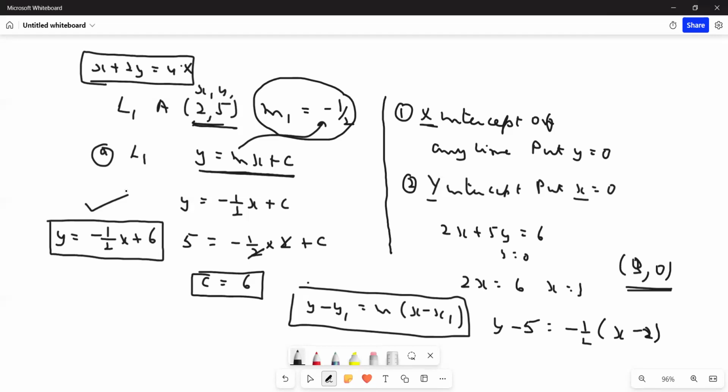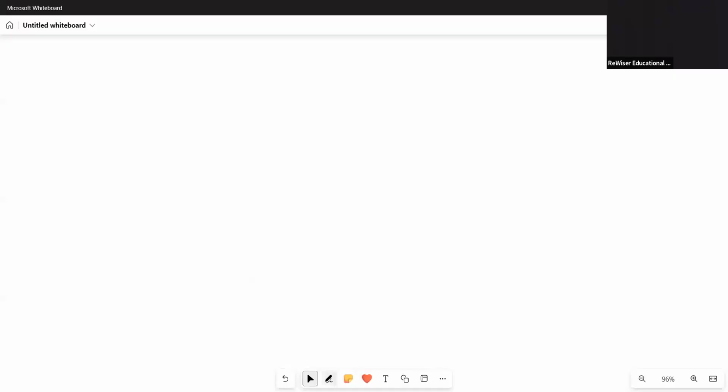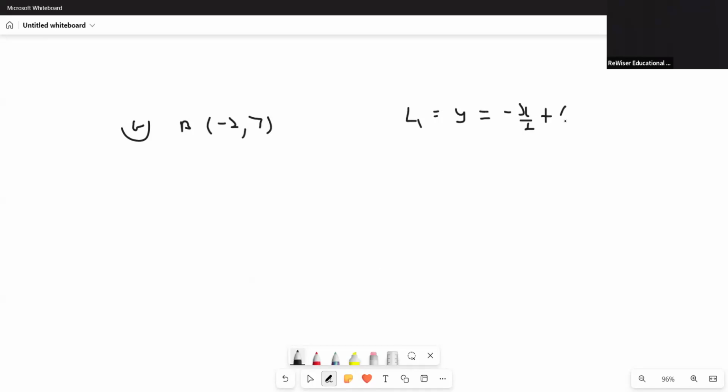Right. So now moving ahead is part B of the question. They have given the coordinates of a point B, which is minus 2 comma 7. And we know that the equation of the line L1 is y is equal to minus x by 2 plus 6, right?